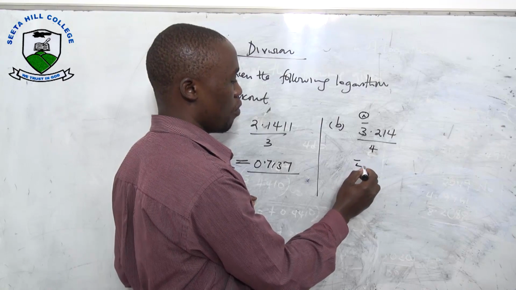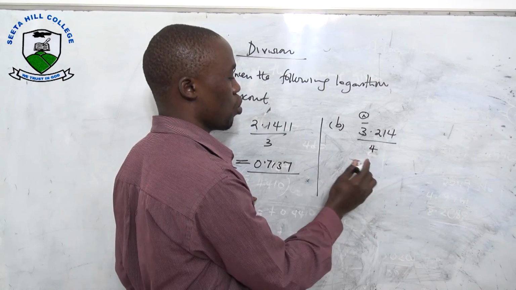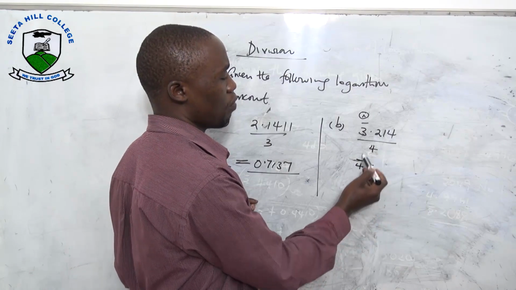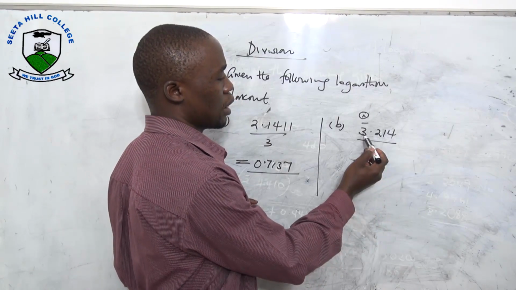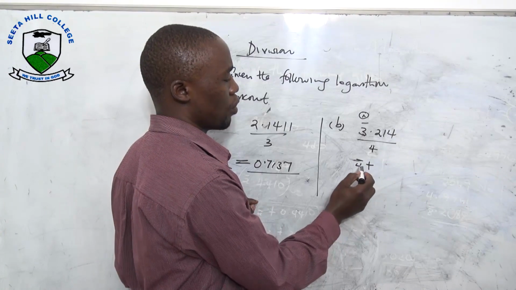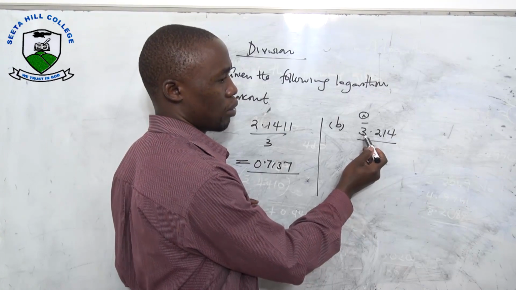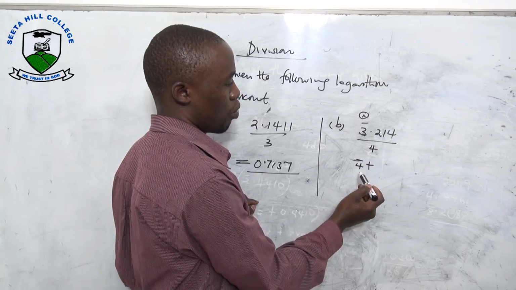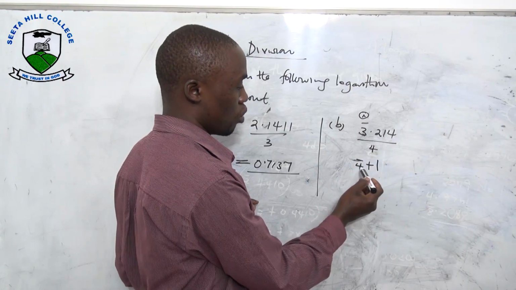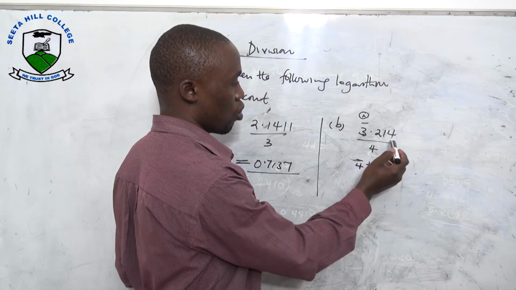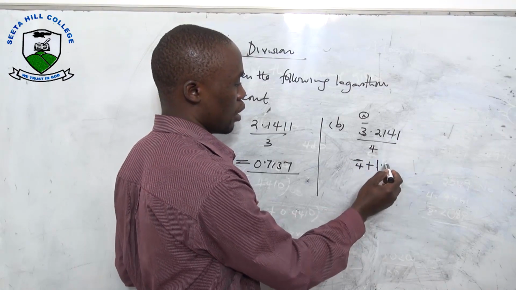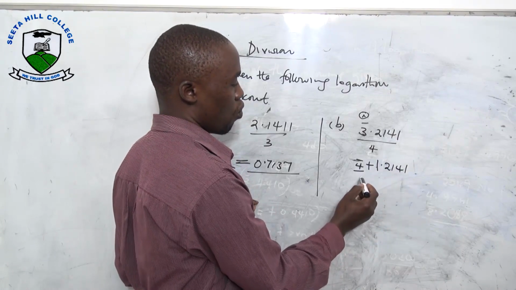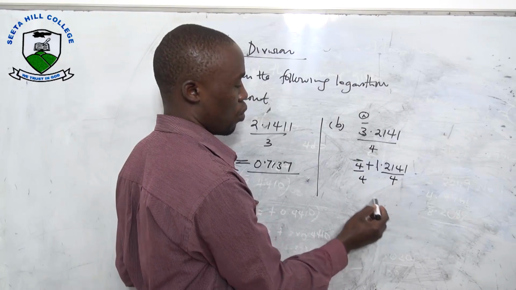So I'll have negative 4 plus what? Now what do I add to negative 4 to get negative 3? You add 1. Yes. So I maintain 2, 1, 4, not so? Yes. Out of 4.